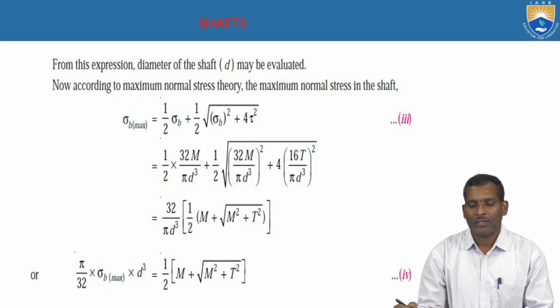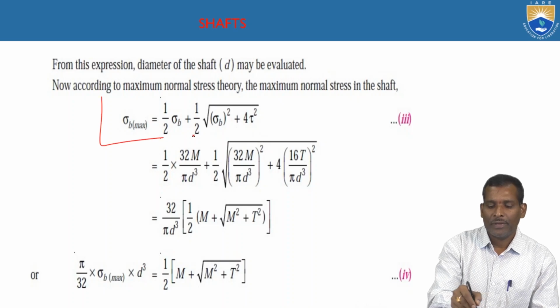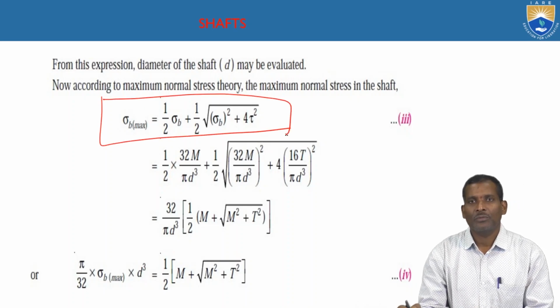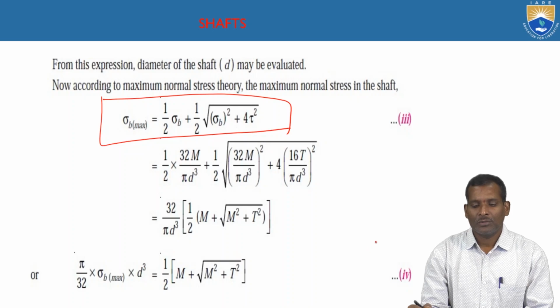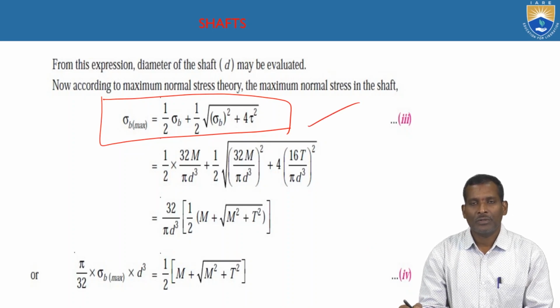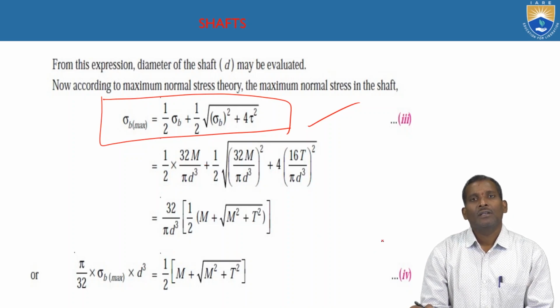Now, according to the maximum normal stress theory, the maximum normal stress in the shaft, sigma b max, is equal to half into sigma b plus half into square root of sigma b square plus 4 tau square. We have already calculated these in the previous step.